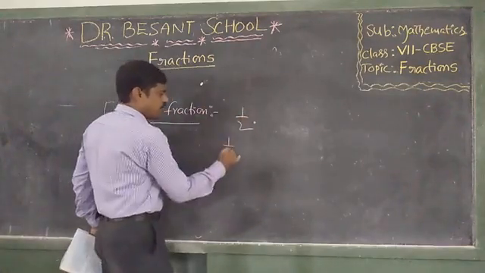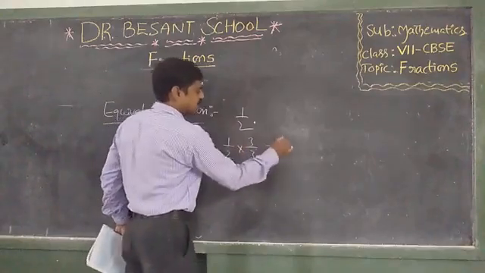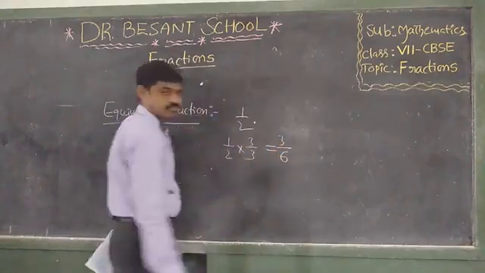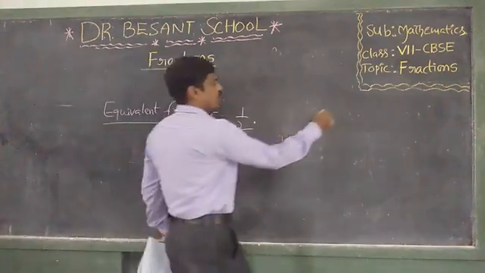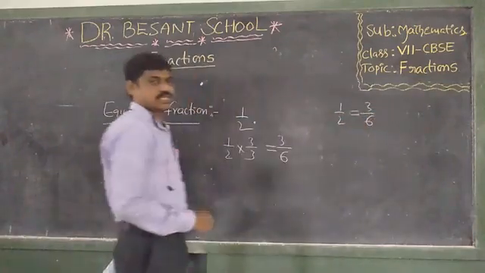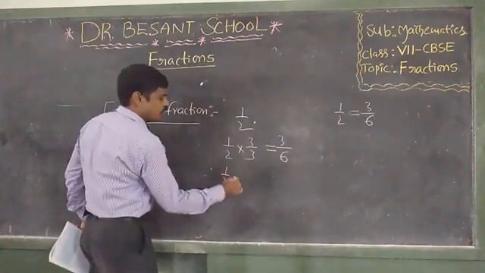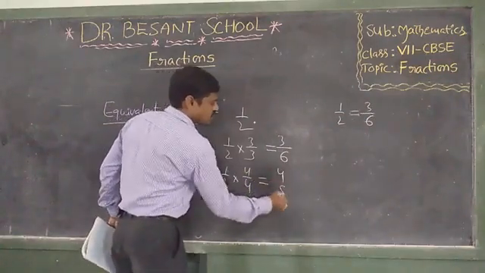Multiply by 3 by 3: 1 3s are 3, 2 3s are 6. So 1 by 2 is equal to 3 by 6. Again 1 by 2, multiply by 4 by 4: 1 4s are 4, 2 4s are 8.